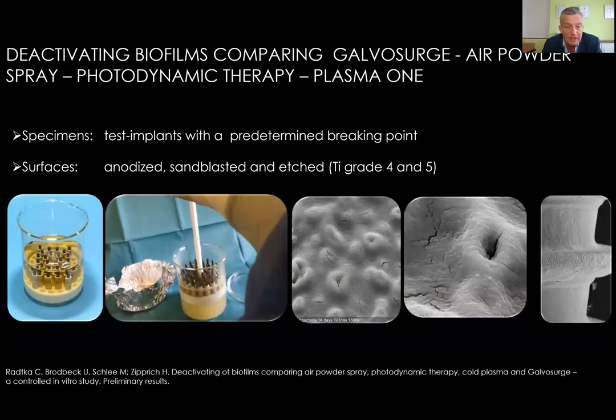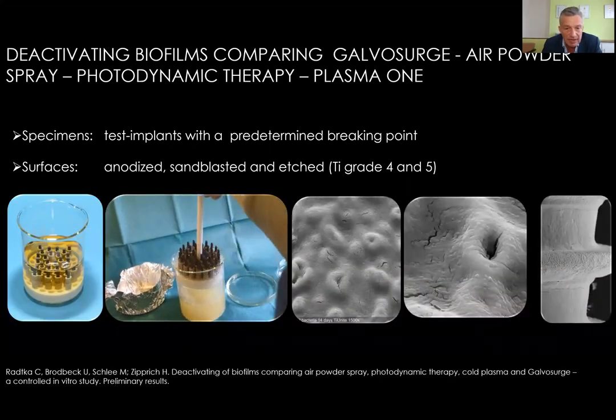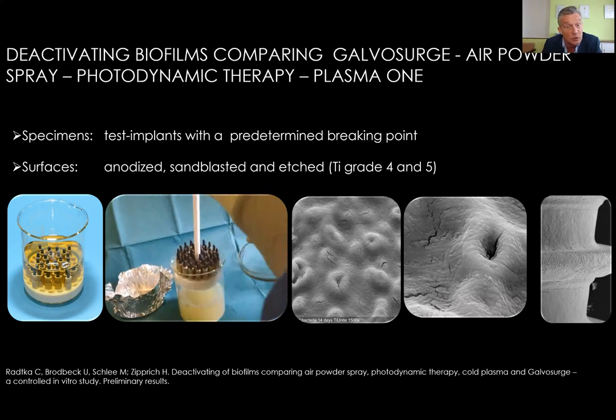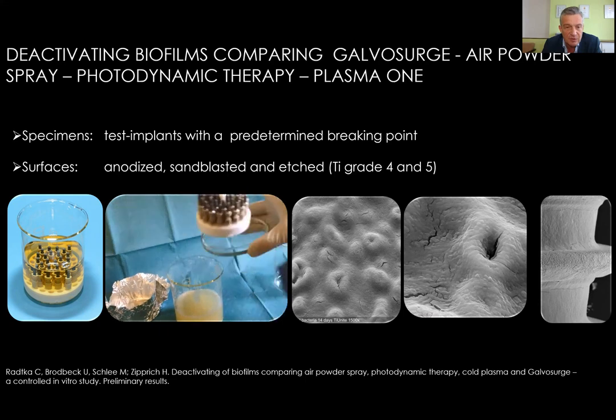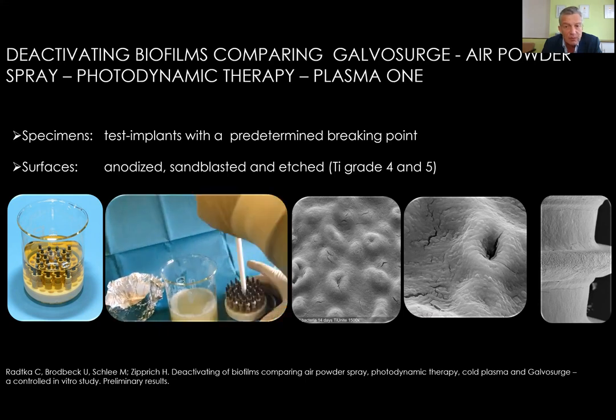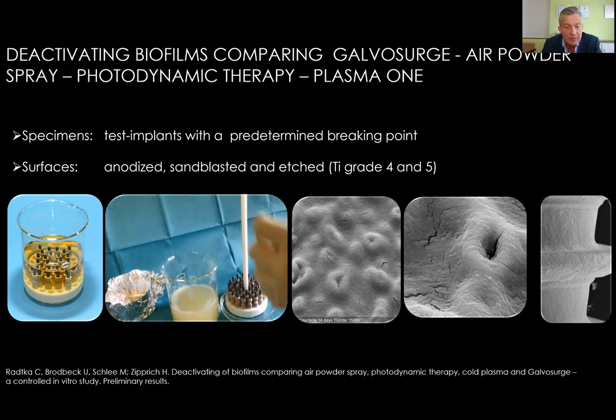First of all, we developed a method to breed biofilm. We left it for 2 weeks. In all the other studies, the biofilm was only bred for a few days, but we saw that we never found a mature biofilm. With this method of 2 weeks of breeding, we achieved a very mature and difficult to remove biofilm.